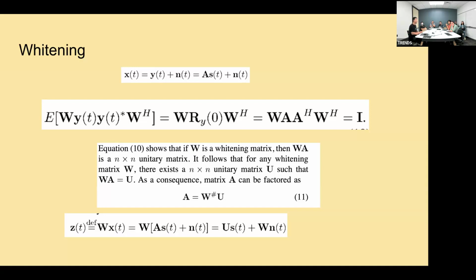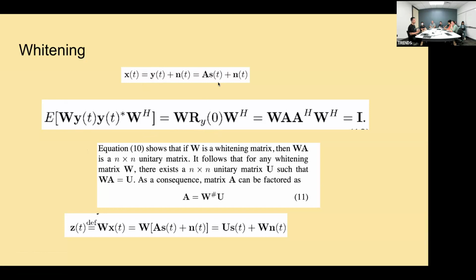So whitening is achieved with PCA. I will not go through the details of how PCA gets the whitening matrix, and W is the whitening matrix. So the covariance of the whitened data can be computed like that. W times Y is the whitened data, and times its transpose, the expectation is its covariance. RY0 represents the covariance of our observed data, and the observed data is a transformation of the original sources.